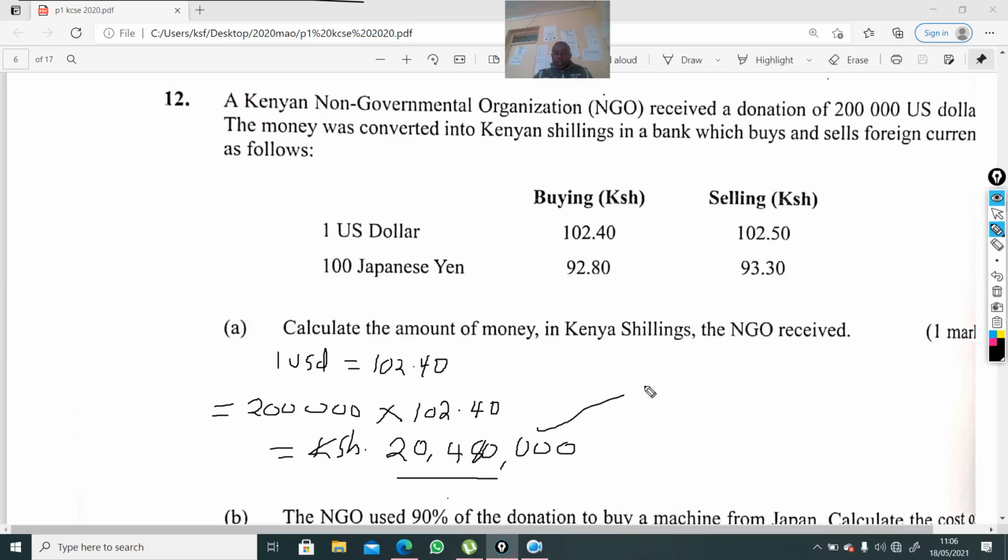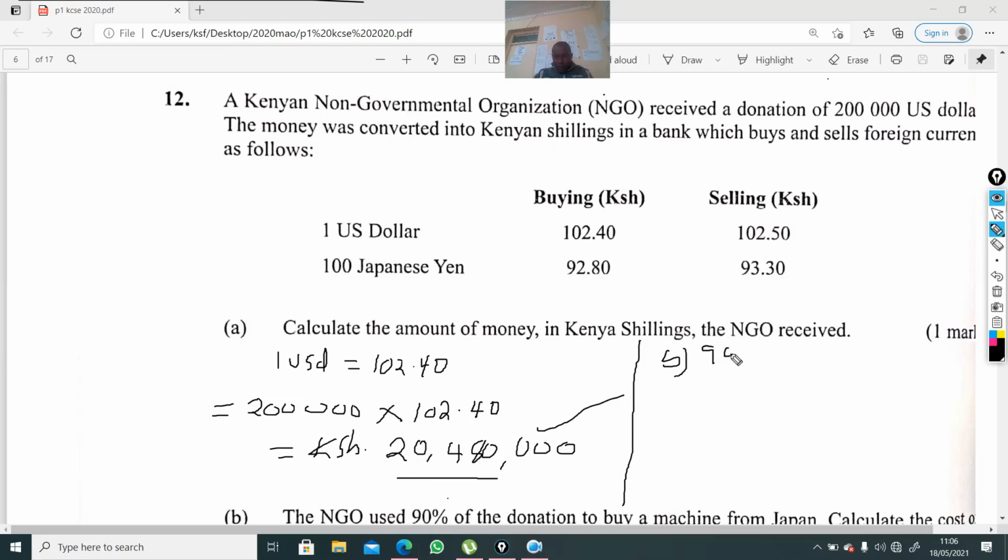And then the next question is asking that the non-governmental organization used 90% of the donation to buy a machine from Japan. Calculate the cost. First of all, we get 90% of this in Kenyan shillings.